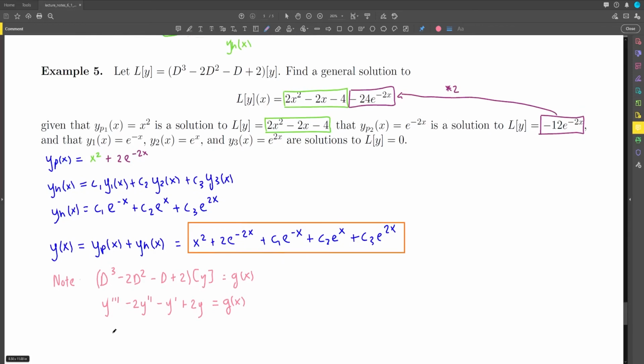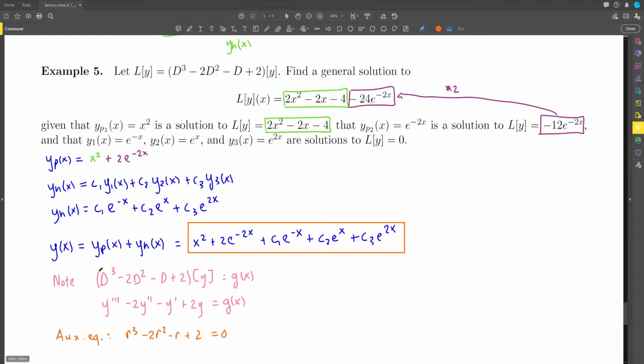And when we want to know what the auxiliary equation is, we see the following: r cubed minus 2r squared minus r plus 2 equals 0.